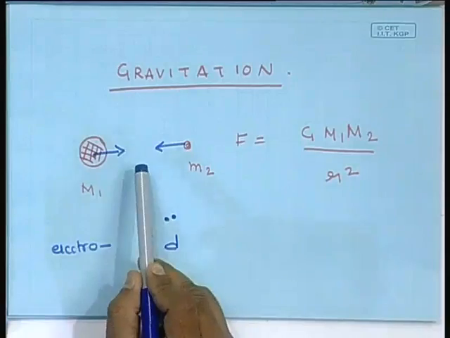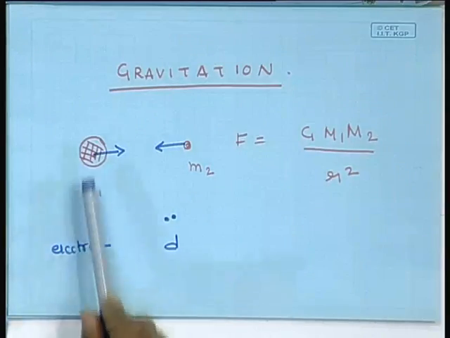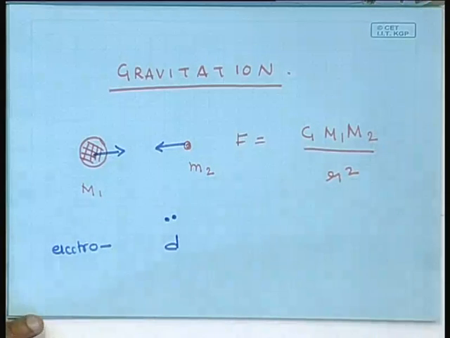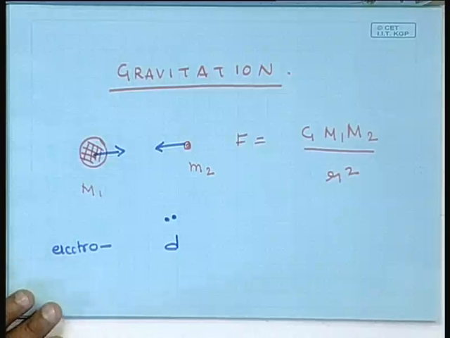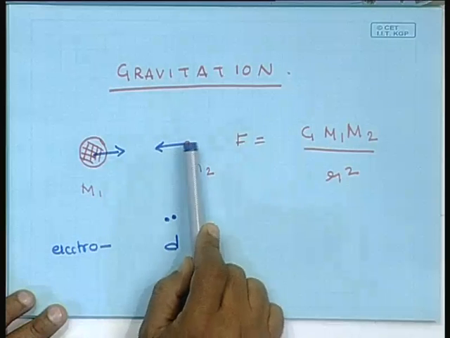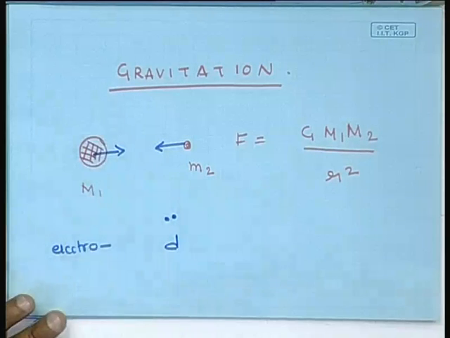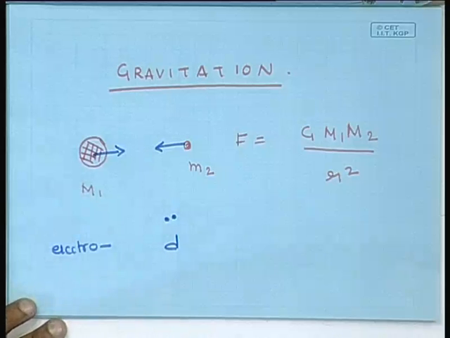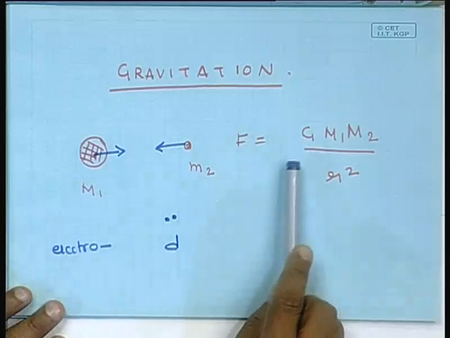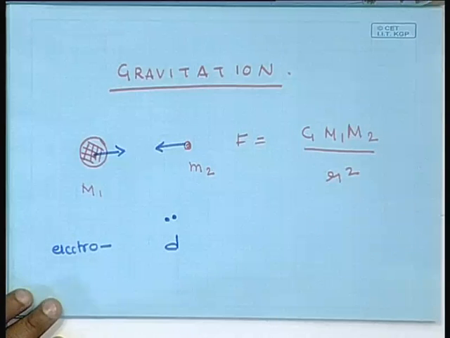Now let us look at Newton's law of gravity. You see that Newton's law of gravity is exactly similar to Coulomb's law, and it has the same problem, that it does not incorporate the fact that it takes a finite time for signals to propagate. The gravitational force would change instantaneously if I were to move this mass. So it should be quite clear that this particular force law for gravity is not the final story.